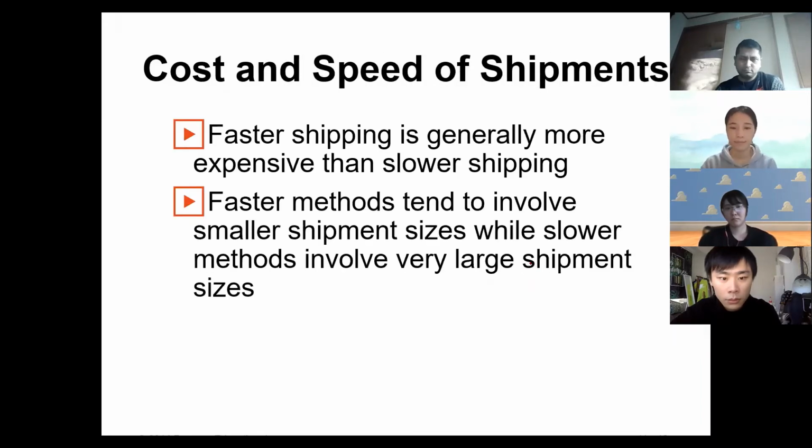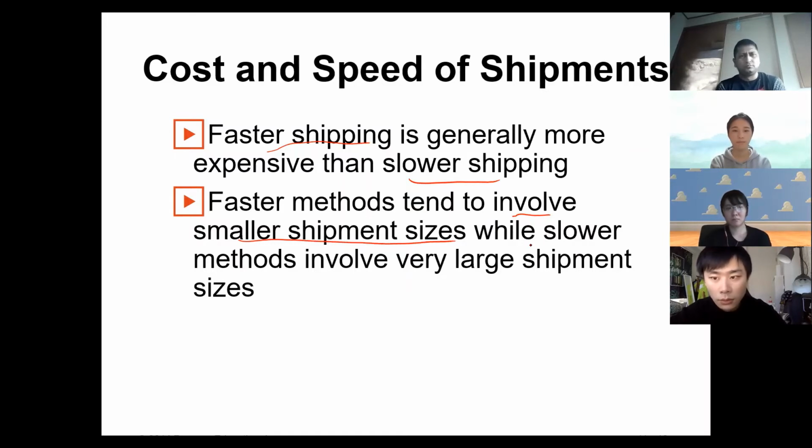Regarding the cost and the speed of shipments, faster shipping is generally more expensive than slower shipping. Slower shipping means stopping in a lot of ports, whereas with faster shipping you have to pay higher freight costs. Also, faster methods involve smaller shipment sizes. That's why you see huge container ships.